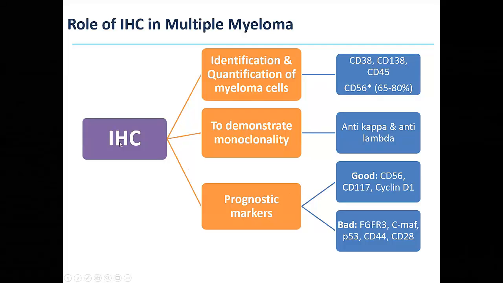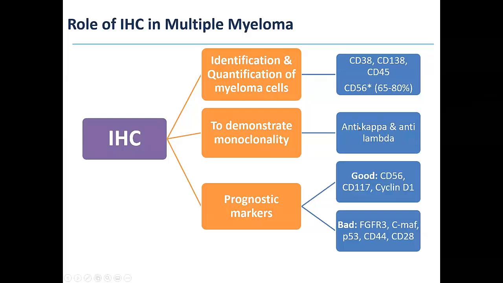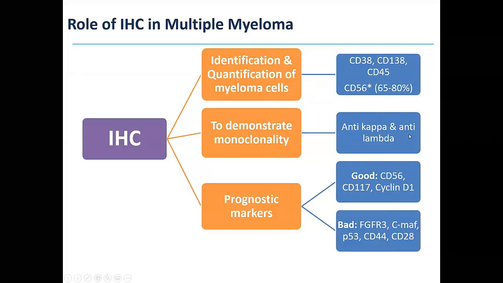Second, the most important role of immunohistochemistry is to demonstrate clonality. That is, either it is kappa or lambda. So we do immunohistochemistry to confirm that. Then we can do other prognostic markers like CD56, cyclin D1, which are associated with a better prognosis. The bad prognostic markers are P53, CD44, FGFR3 and CD28.